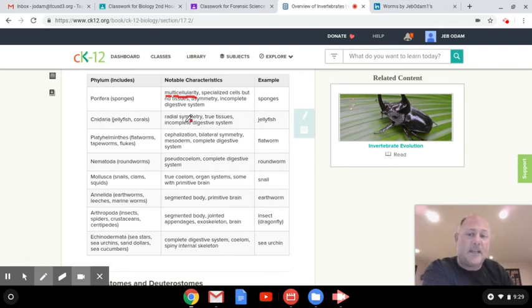The cnidarians, a step up, now we start to see the beginnings of symmetry. This is a radial symmetry, which is a perfect circle type of symmetry. We've got true tissues. We start to see the beginnings of the mesoderm, the endoderm, and the ectoderm. We start to see some organization there with cells. We're still incomplete digestion, but we see more specialization.